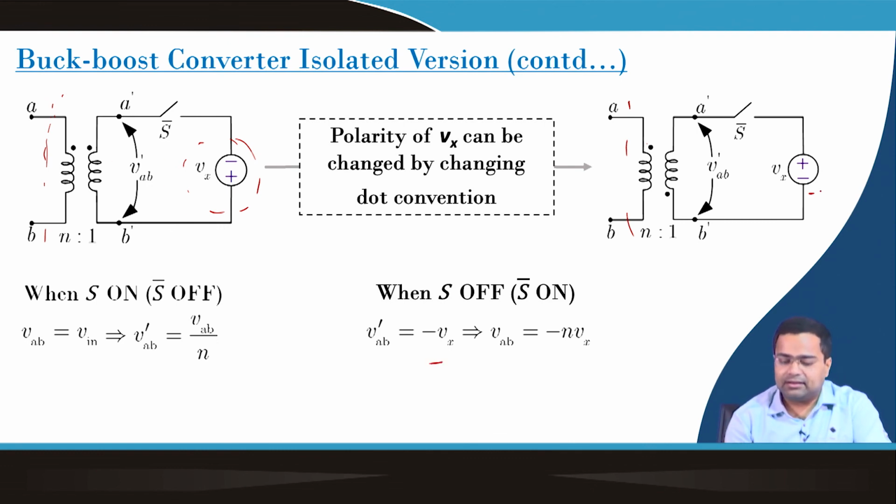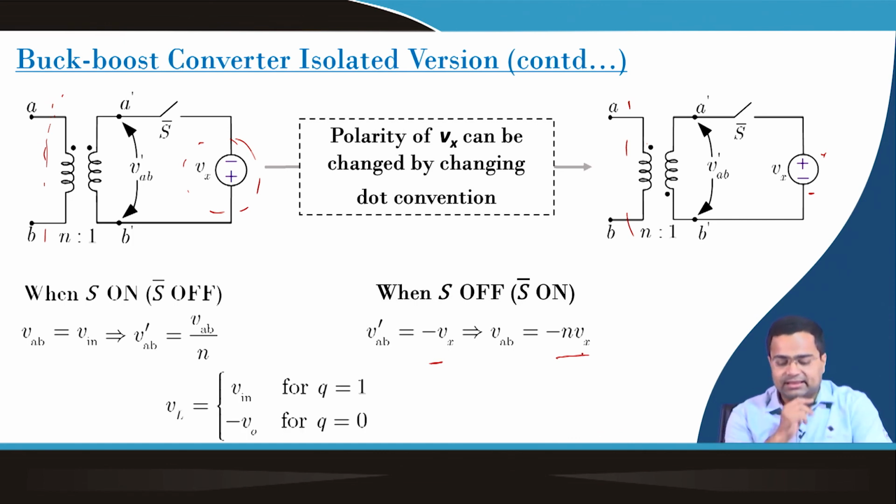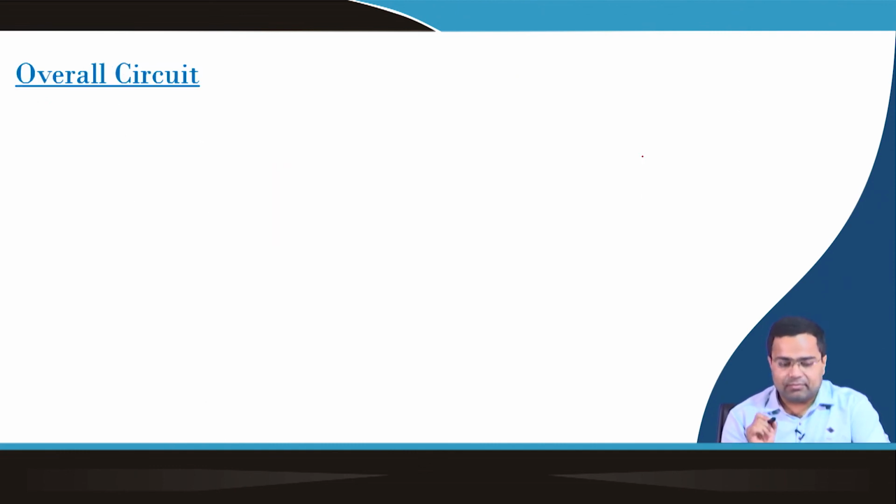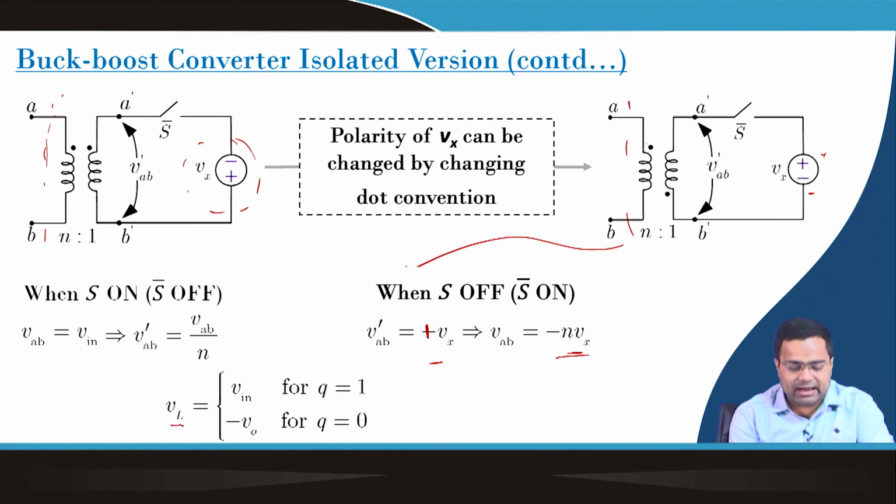Even though you are using a positive voltage, because of the dot convention it will appear as minus Vx, and if we take the reflection of that voltage across VAB, we will get minus NVx. Actually this VAB should not be minus, it will be plus, but because we are talking about this particular circuit, it will be negative because of the dot convention, and that means we can write the inductor voltage.